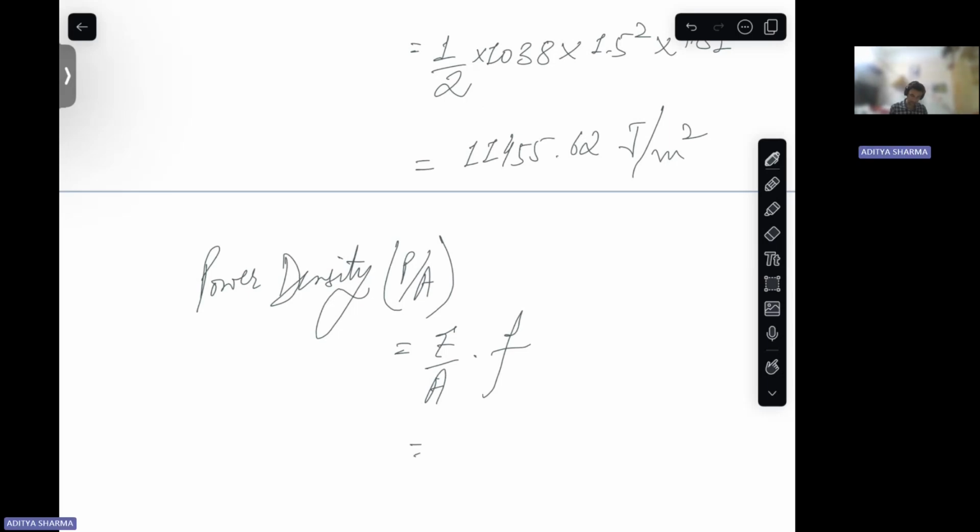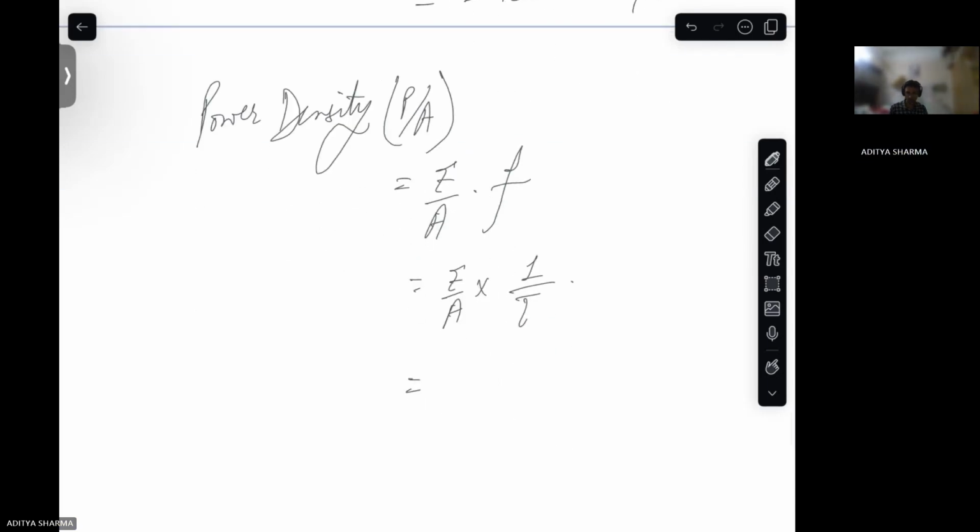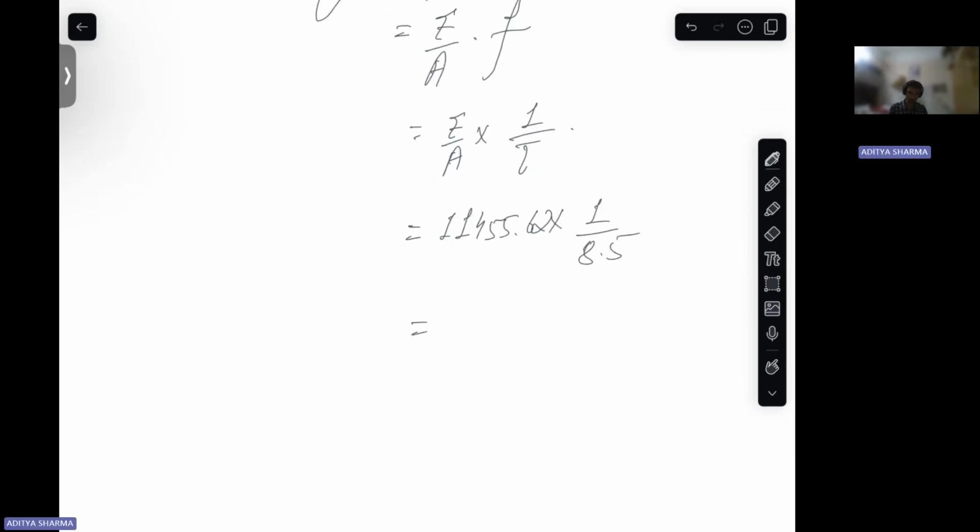F basically is 1 by tau. So this will be 11455.62 into 1 by 8.5. And if you calculate this, this will be this.